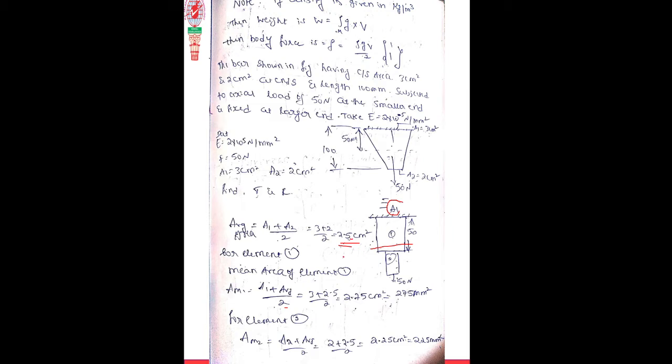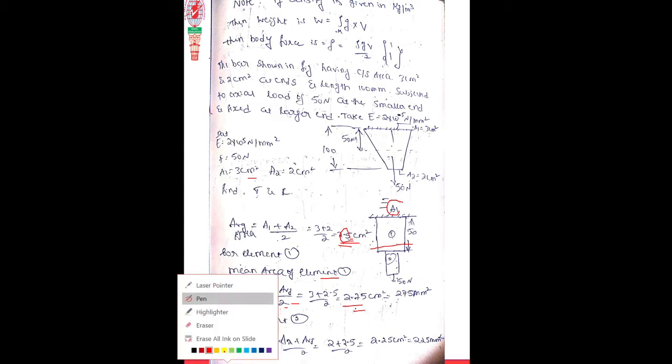A1 I already know is 3, and the average area is 2.5. Therefore (3 plus 2.5) divided by 2 will give 2.75 centimeter square.